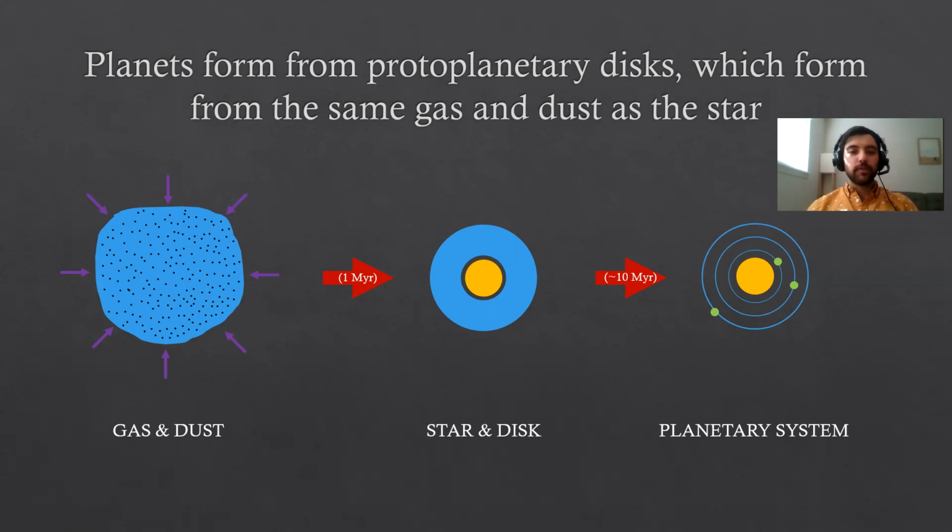And just for reference, 1 million years, 10 million years, these are relatively short timescales compared to, for example, the age of the solar system, which is several billion years old. So these processes happen pretty quickly in the star's lifetime.